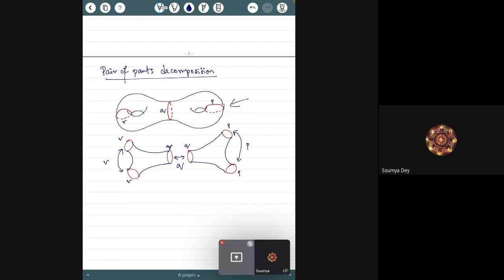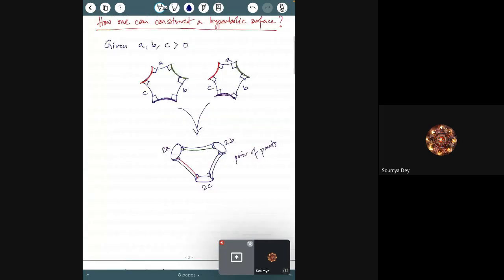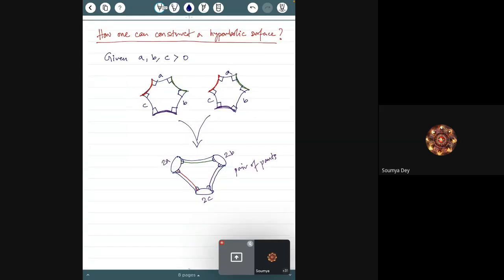We are cutting them, and then we are fixing the lengths so that these pairwise lengths are matching, and using this construction from right-angled hexagons in H2 and choosing these lengths A, B, C as whatever we have chosen, P, Q, R, or maybe P by 2, Q by 2 and R by 2, right? We'll get a hyperbolic structure on each of these pairs of pants and then again glue back to create a hyperbolic surface. Okay.